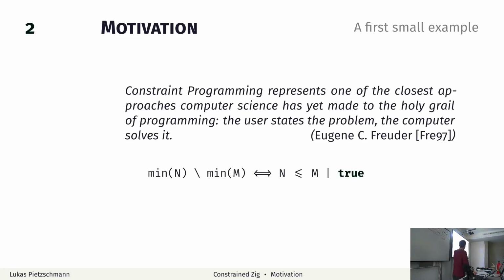We can see this with this example. The constraint name min kind of gives away what it's about. So we want to calculate the minimum of not only two numbers, but of a whole range of numbers. And we can read this as the following. Imagine we have a candidate that could be the possible minimum, the candidate with the number assigned to n. And then we check every other possible candidate with this constraint.